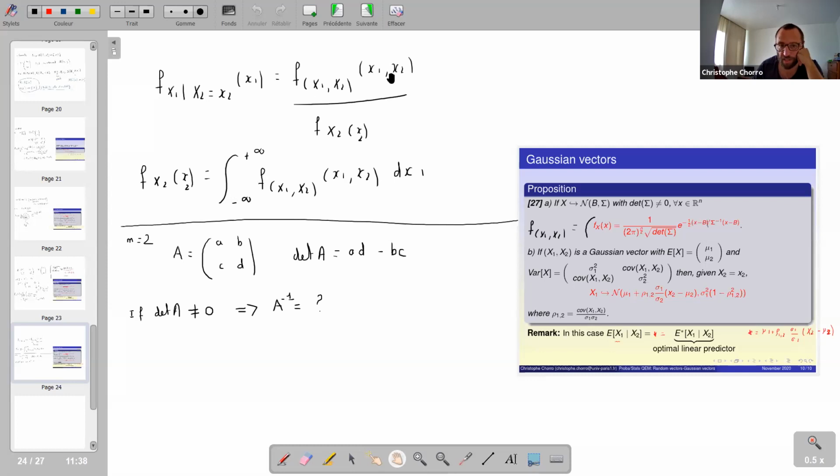The joint density is obtained from this formula, as I said previously, but without the video. And I see that I have to compute a determinant and an inverse matrix here.